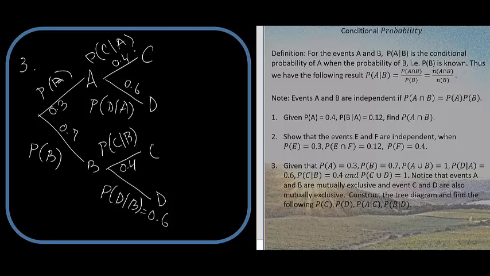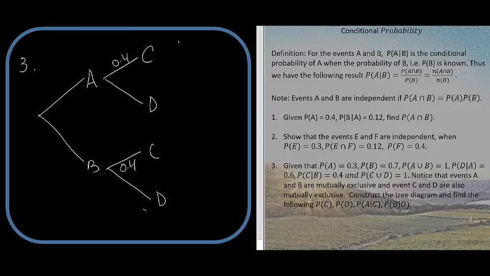So let me put it all together now without those things. So this is 0.6. This one we have got 0.4 in here. So then 0.6 will be here. And this one we had 0.3, and this one is 0.7.